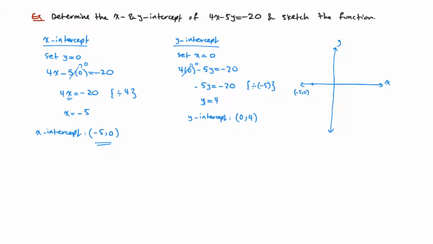And my y-intercept is somewhere at 0, 4, so I'll label that as 0, 4. Just gonna move negative 5, 0 so that I can draw the line through it a little bit easier. And I have my 2 points, so I will connect them using a straight line. And I will label my equation as 4x minus 5y is equal to negative 20 over here.